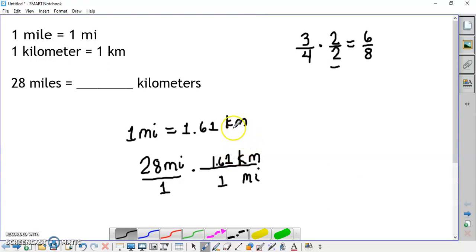The mi over mi equals 1. So those units cancel out. This means the units for my answer will be km. Using our calculator, we have 28 times 1.61 equals 45.08.